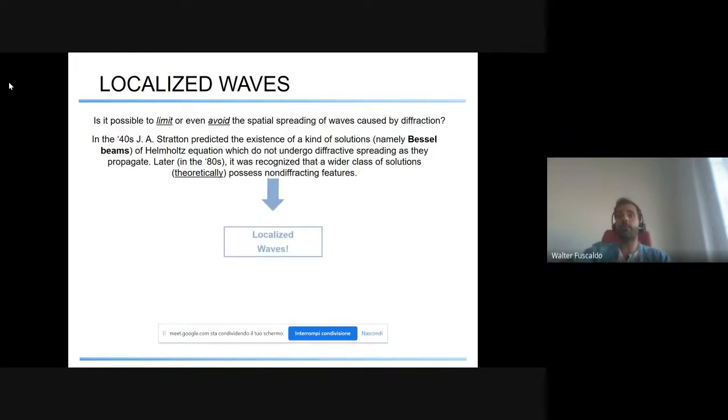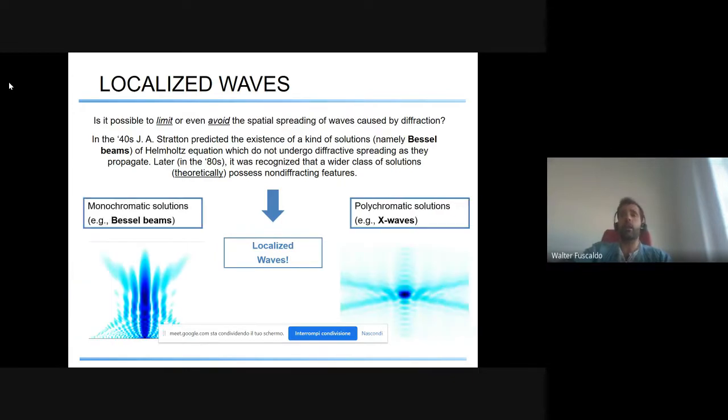This class of waves is commonly known as localized waves or even non-diffractive waves, and they can mainly be distinguished in two classes: monochromatic solutions, where the most familiar kind is the Bessel beam, as we will see in this seminar, and polychromatic solutions, the most known type being probably X waves. In this seminar, we will focus on these two kinds of localized waves, although there exist many other kinds of such localized solutions to the Helmholtz equation.